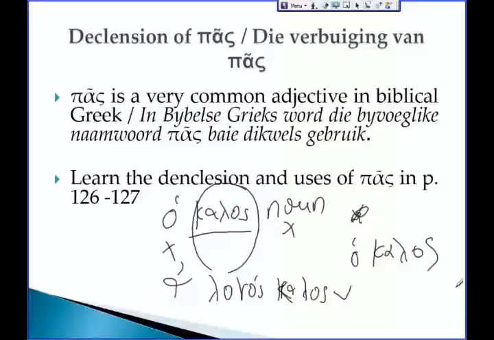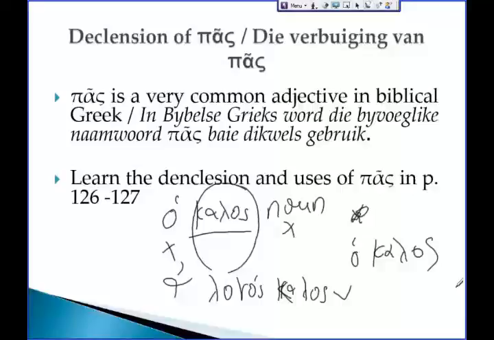And how are you translating it? As all. The translation would be, we spoke to all the disciples. The examples can go on and on, but whenever we talk about the predicative construction of pas, you're translating it as all. Are we there? Are you fine?